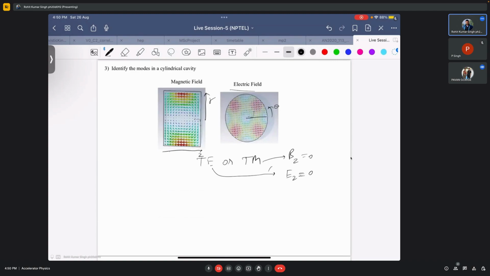So what do you find? This is TM or TE? No, no. This is the electric field and magnetic field of the same cavity. Okay, in the same cavity, just a different point of view is shown here.